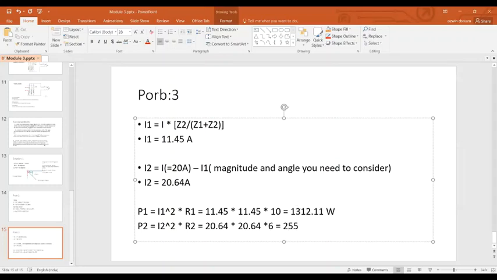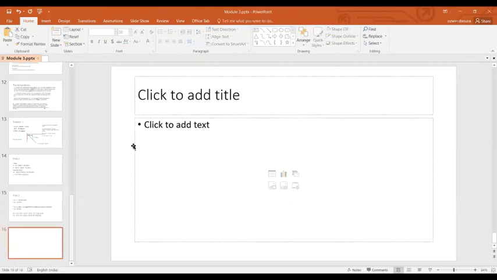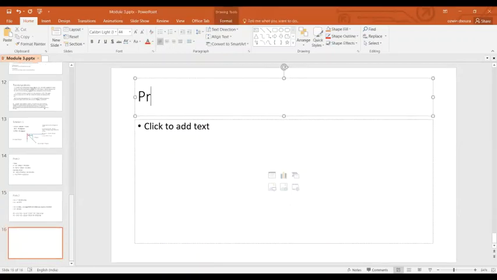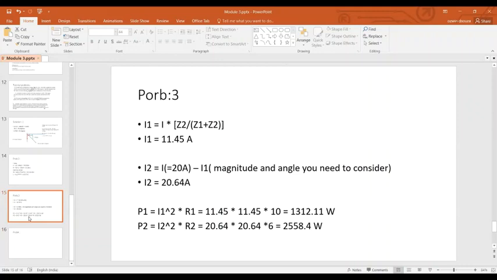That is also fine. Can anyone confirm whether you got this answer or not? So I'm getting 1311.02 and 2556.